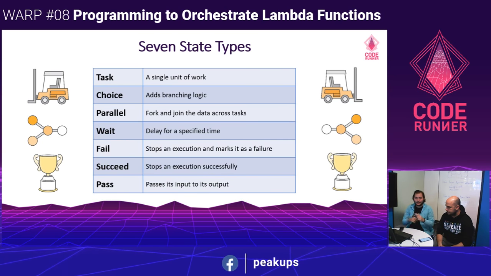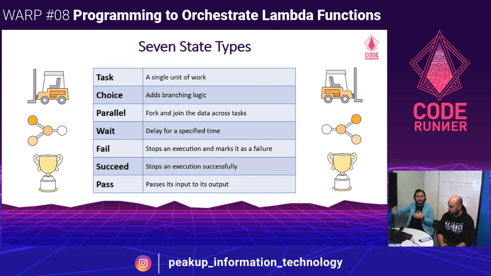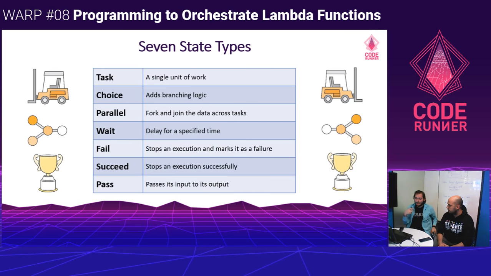State, as we've seen before, we use the task. Task is a single unit of work. You are calling a function within it, and that function's result maybe passes to the other function. As we said before, there is a choice state.